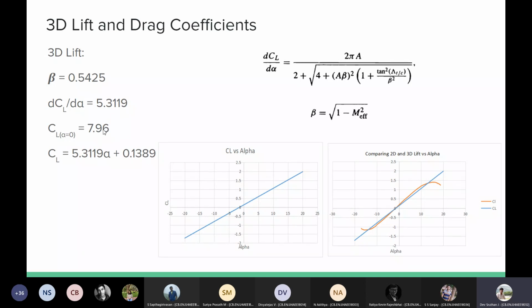I forgot to mention that it is in degrees here. This has been converted to radians here; we found this in degrees and converted it.